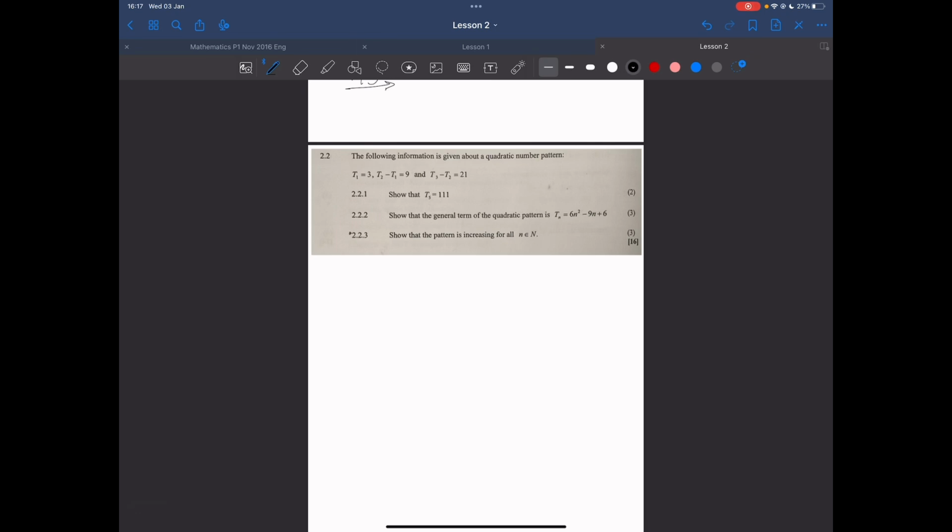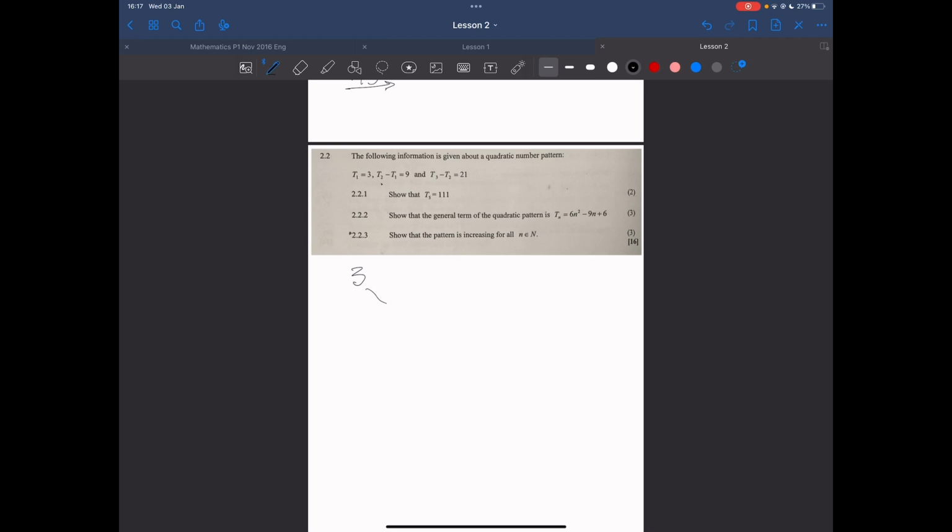So we are given a quadratic number pattern, and we are given that term number 1 is 3, and then term number 2 minus term number 1 is 9.